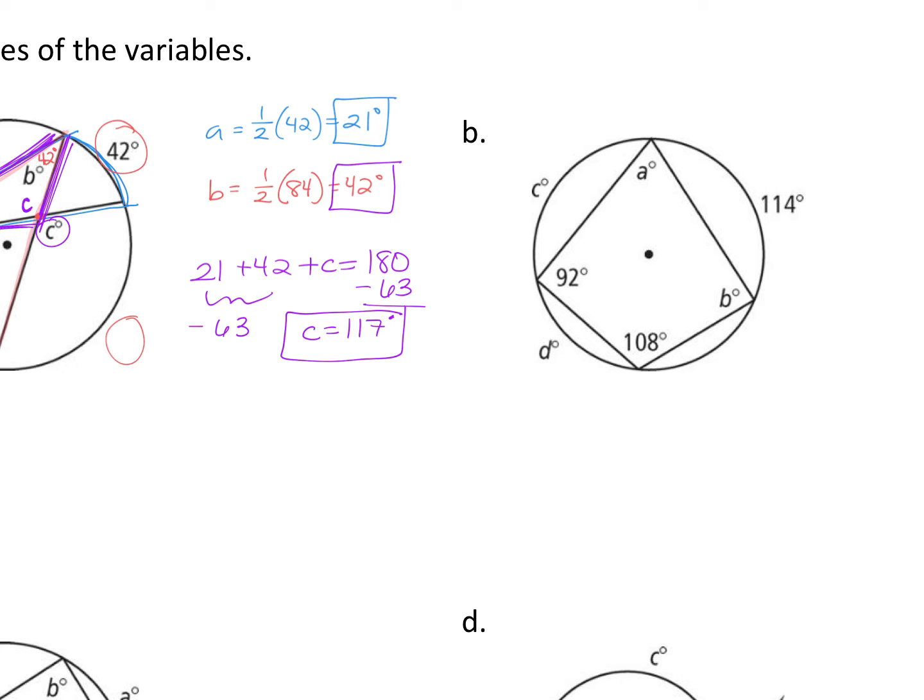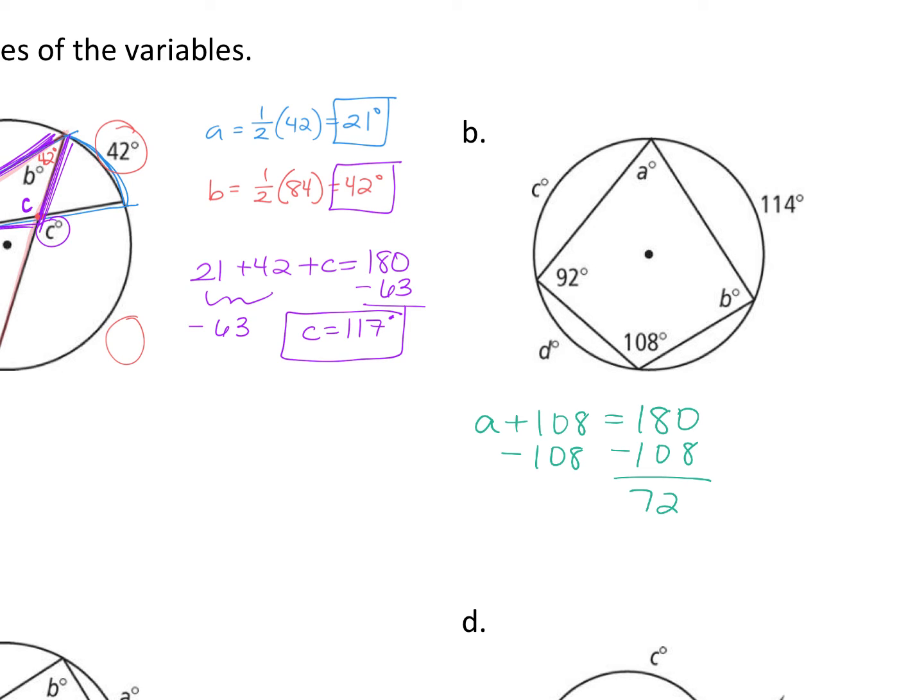Okay, letter B. What do you notice in this picture? A quadrilateral. When you have a quadrilateral inscribed in a circle, what do you know? Opposites are supplementary. So that means A and 108 have to add up to 180, right? So to solve for A, we're just going to subtract 108.